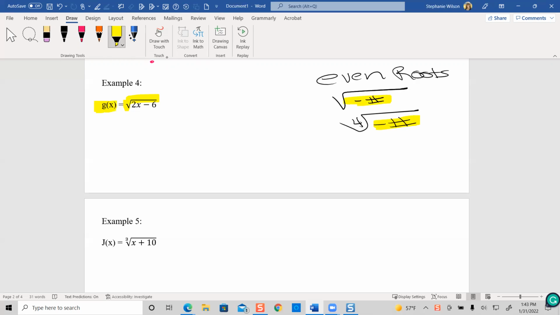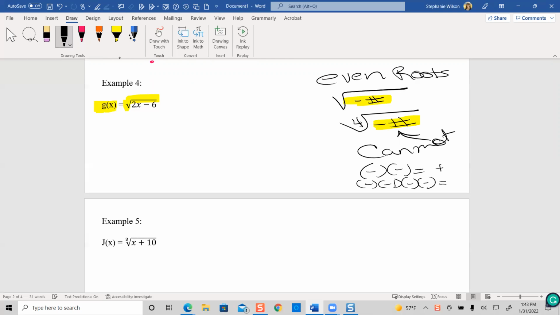So if it's an even root, you cannot have a negative number inside there. That's because you cannot multiply something an even amount of times and come out with a negative answer. If you multiply negative times negative, you get a positive. No matter how many times, as long as it's an even amount of times, it's always going to be positive.